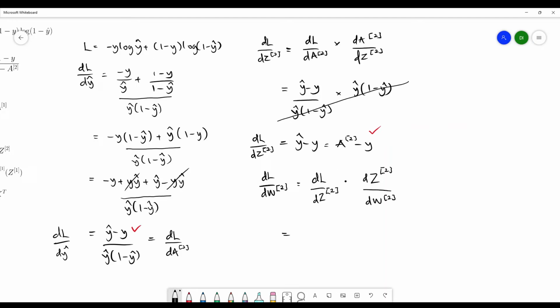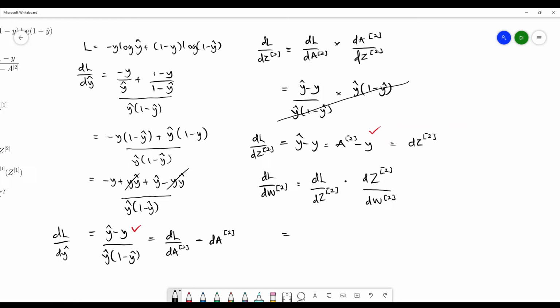We're going to use a shorthand. Shorthand for this is written as dZ2, and shorthand for dL/dA2 would be dA2, just to keep that in mind.